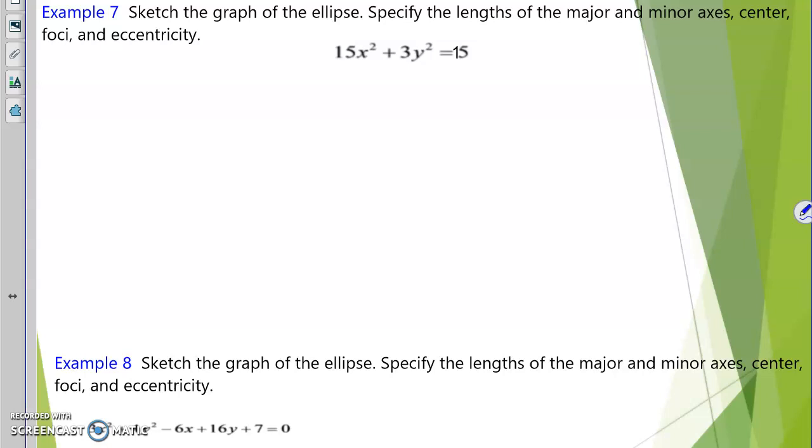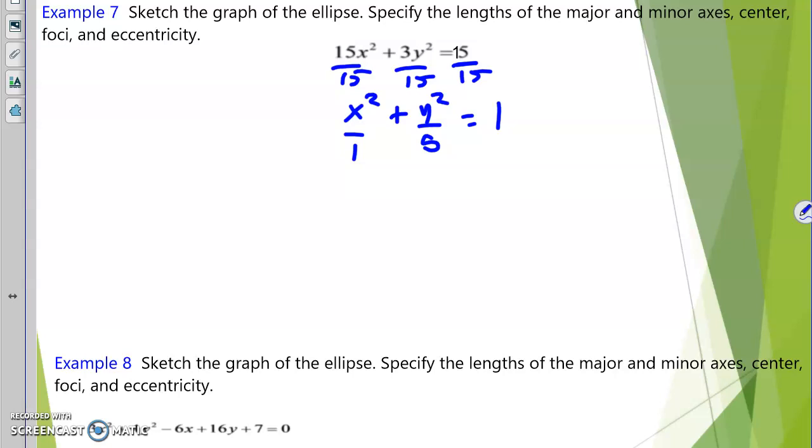First, I want to sketch a graph of this ellipse, and I want to find the lengths of the axes, the center, and the eccentricity. If you remember back when we started, we said that this side over here has to be 1, so I'm going to divide the whole equation by 15 to get x squared over 1 plus y squared over 5 equals 1. I'm going to put that over 1 because I'm used to seeing a number there.